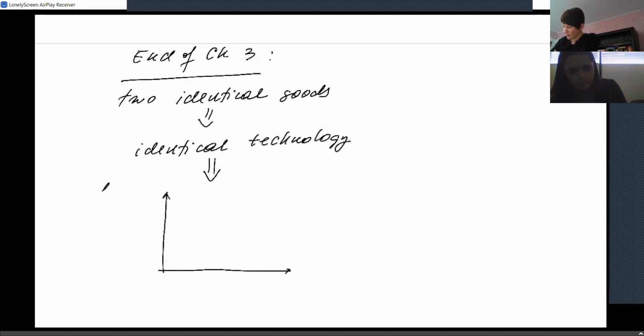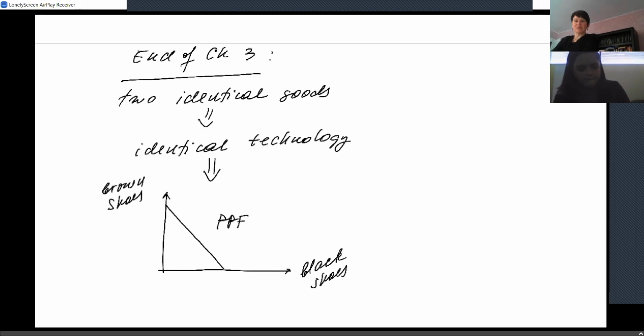Okay, we have brown shoes and black shoes. And the production possibilities frontier for those 2 identical goods that use identical technology is a straight line.